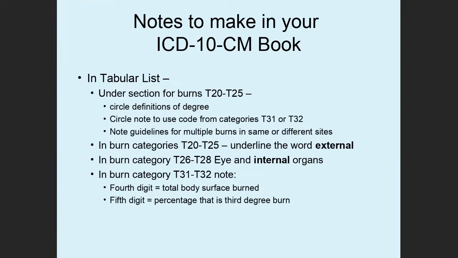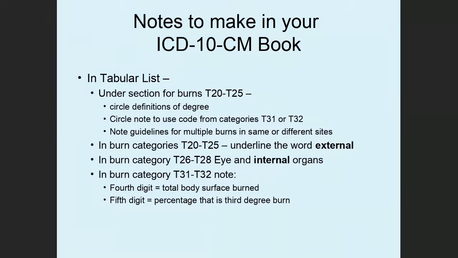In the tabular list, there are also some things to underline. Under the section for burns, T20 to T25, circle the definitions of degrees. Circle the note to use codes from categories T31 or T32. Note guidelines for multiple burns in the same or different site. So that might be something you make a little note in there to remind you.